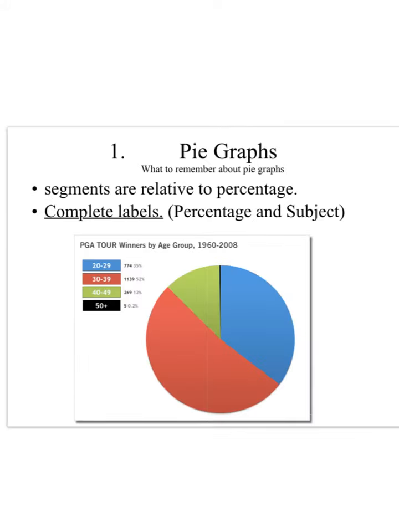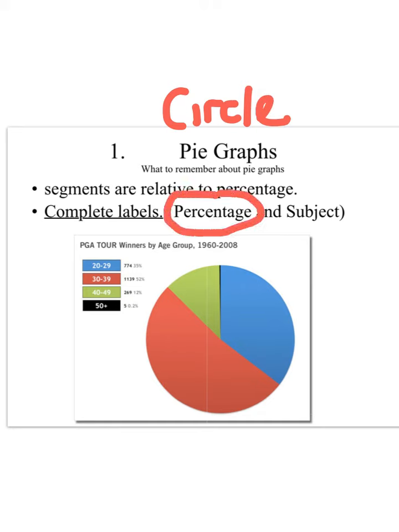Third type of graph we make in here is what's called a pie graph, also known as a circle graph. This is great when you are working with percentages. But I had you write down some things to remember here, so write these down in your notes, because these are the areas people mess up on.